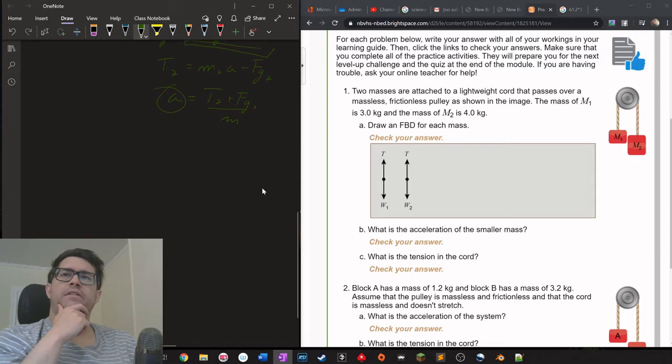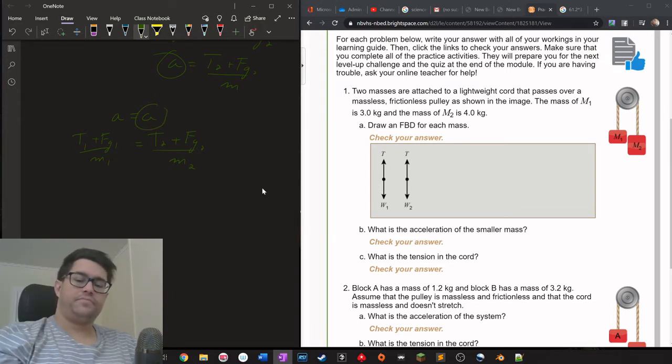And if this A is the same as this A, then we could say A equals A because it's the same. And then we could say T1 plus Fg1 over M1 is equal to T2 plus Fg2 over M2. I believe that's true. The problem here is that we lose the A that we need.